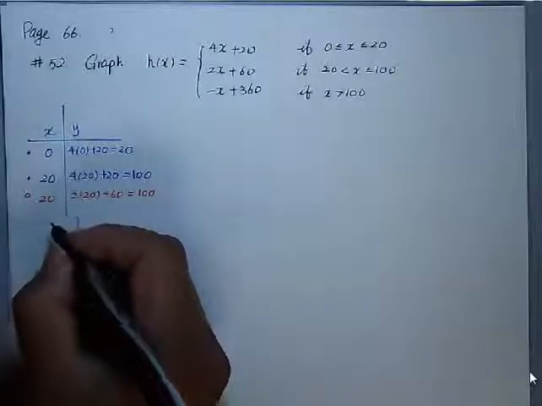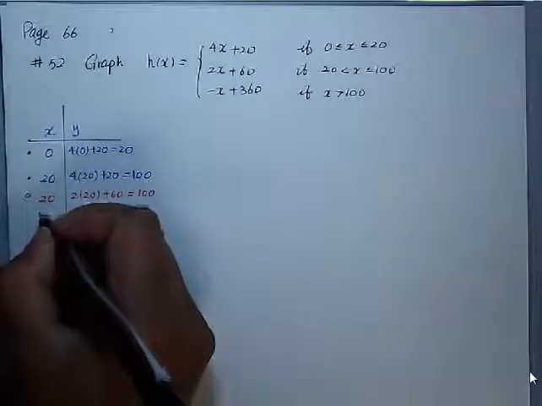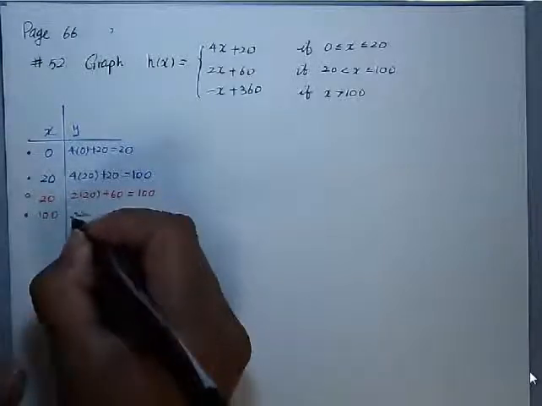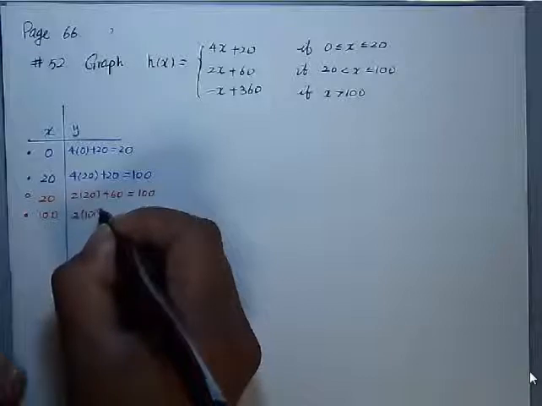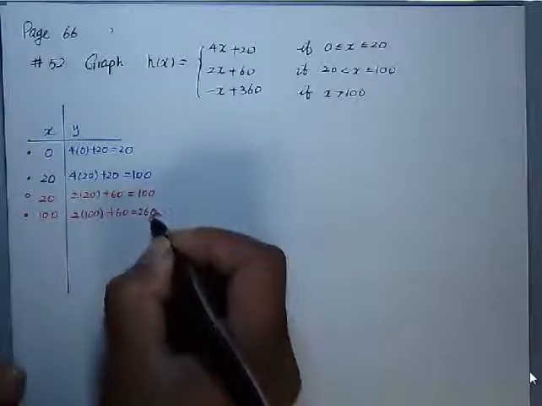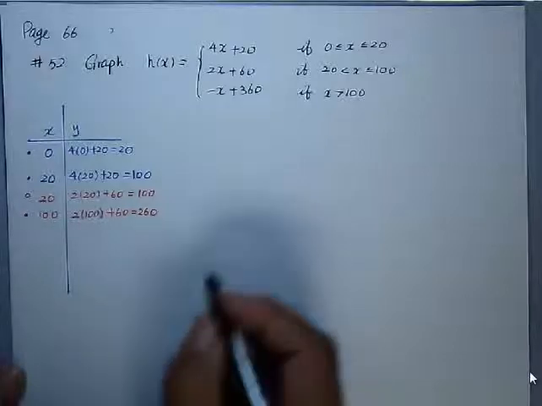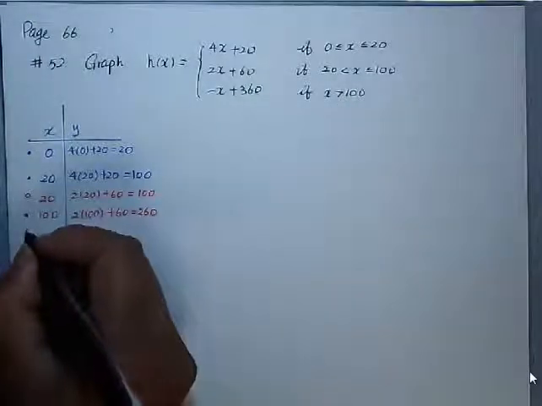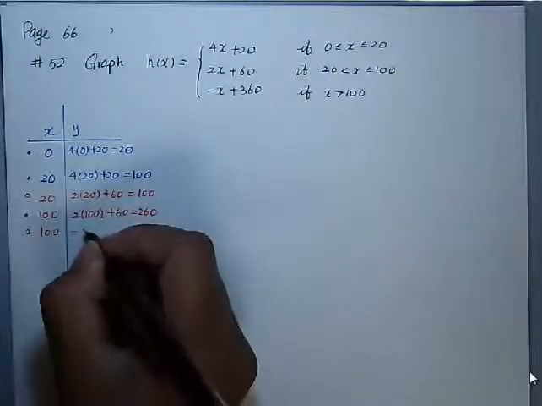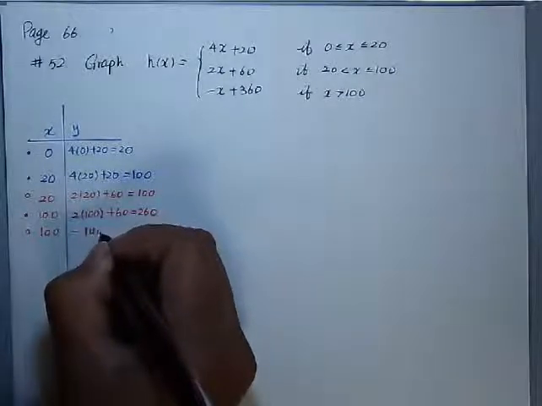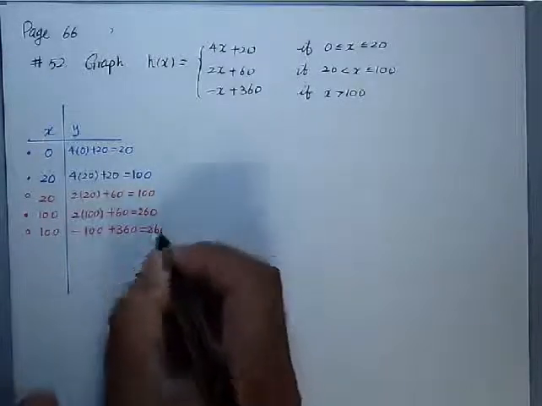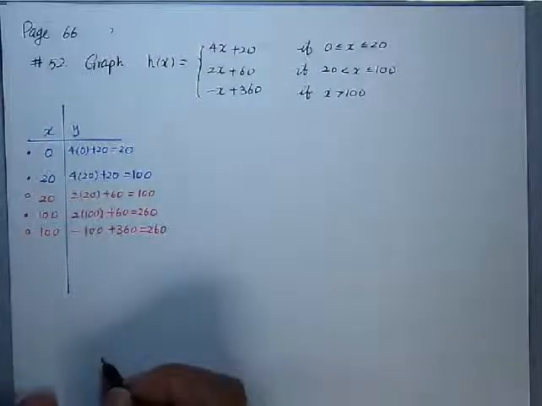And how about when x equal to 100, that's including the endpoint, that will be 2 times 100 plus 60, that's 260 right here. And the next one is greater than 100, starting from 100 but not including 100, that will be negative 100 plus 360 equals 260. Is that coincident? They are the same point.